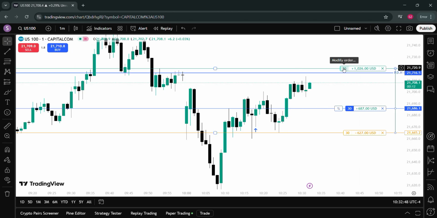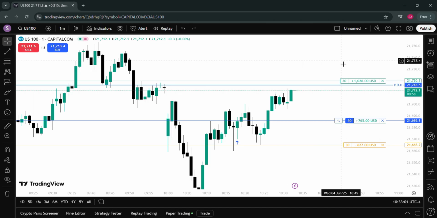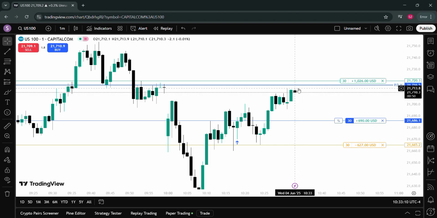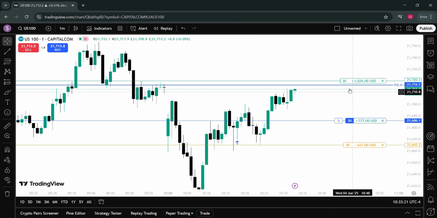I think I'm going to drop my TP to this previous day high. Price has filled the gap completely. If you're looking at this, okay guys, price has filled the gap.